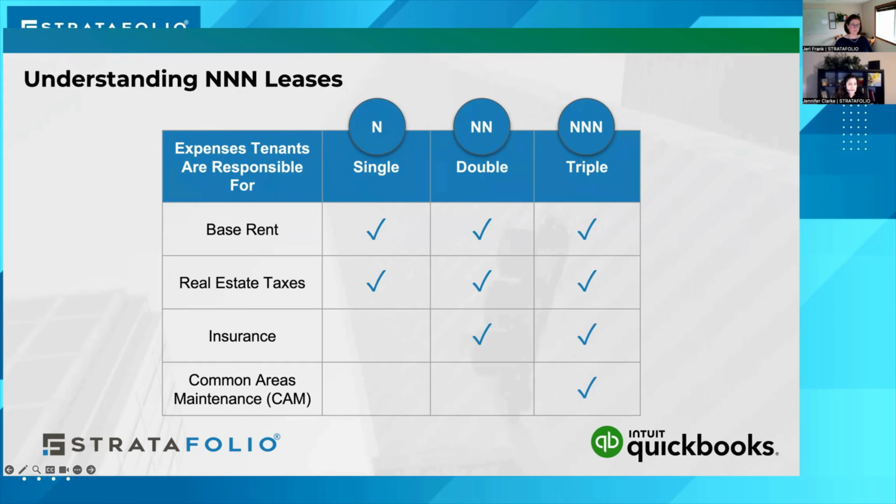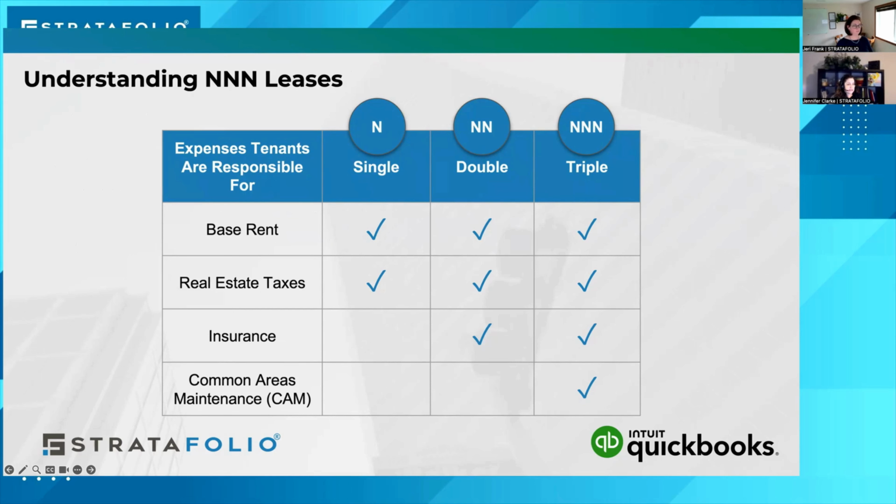All right, Jennifer. As you see here, each of the N's in a triple net lease stands for a specific expense that the tenant will pay their portion of. Most of you are familiar with this: all of the tenants pay the base rent, and then depending on the lease, they may only pay for one expense, two expenses, or all three of them.